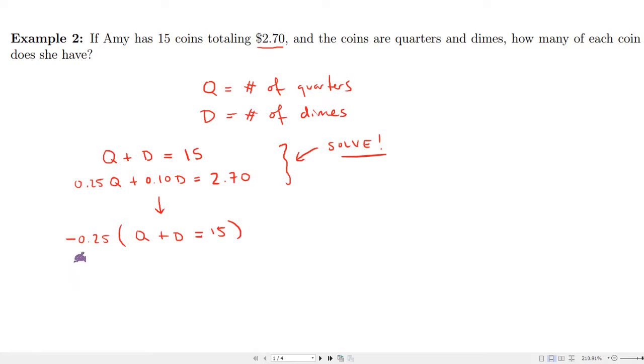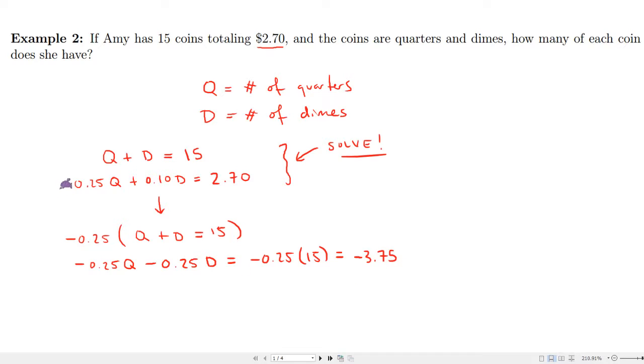So what would that give us? That would give us negative 0.25 Q, negative 0.25 D, and then negative 0.25 times 15, which is negative 3.75.